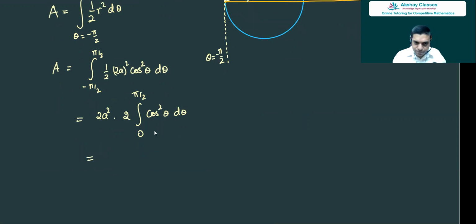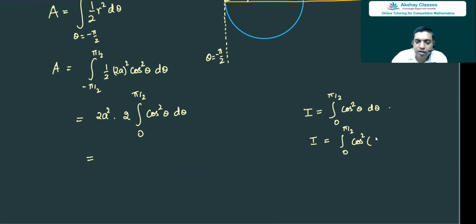Now this integral, okay, this is a standard integral. I is equal to integral 0 to pi by 2 cos square theta d theta. This I is same as integral 0 to pi by 2 cos square of pi by 2 minus theta d theta. It's a standard integral. So 0 to pi by 2 sine square theta d theta.